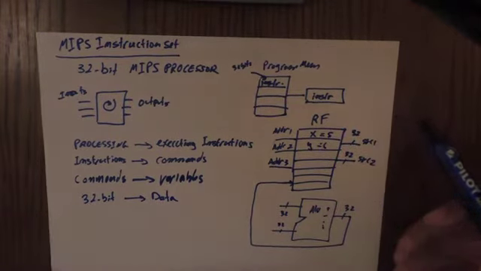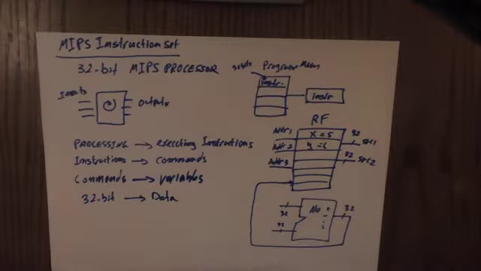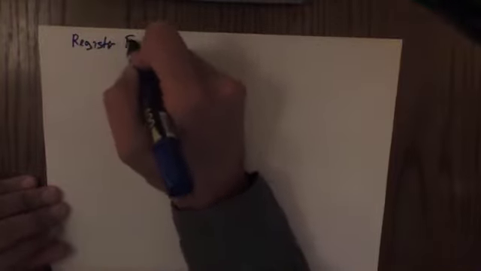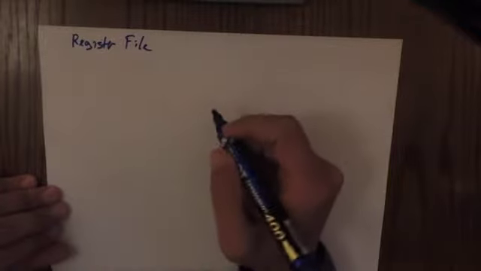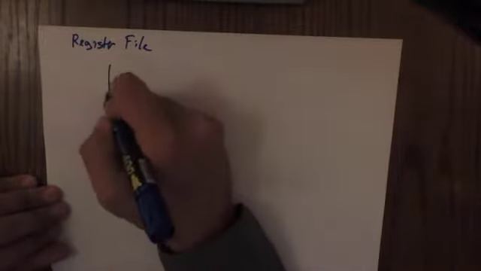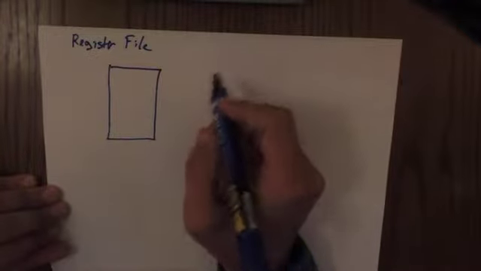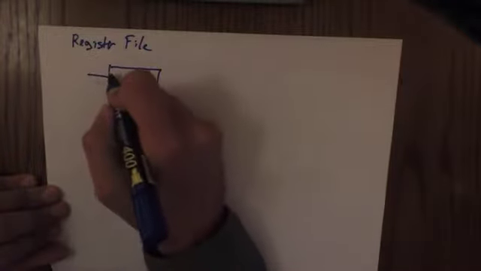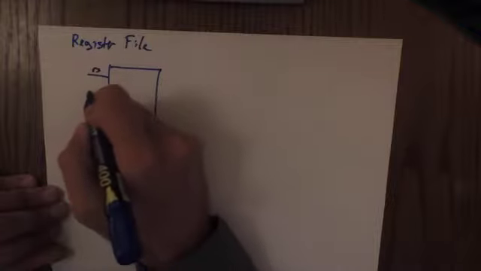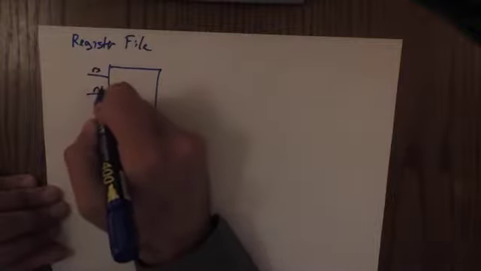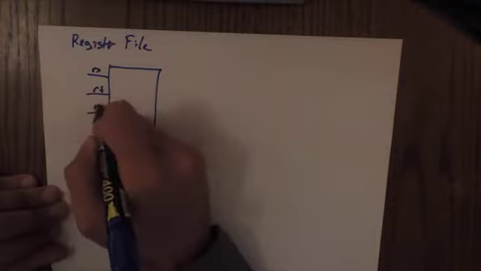So to continue with this discussion, I'm going to explain more about the register file. Let's go deeper into how the register file is organized inside the MIPS processor. I'm going to draw it again, but this time I'm going to label my addresses. I'm going to call this RS, this RT, and this RD.